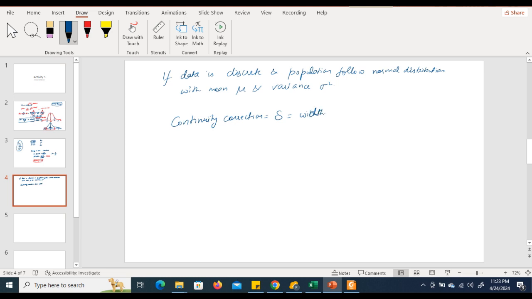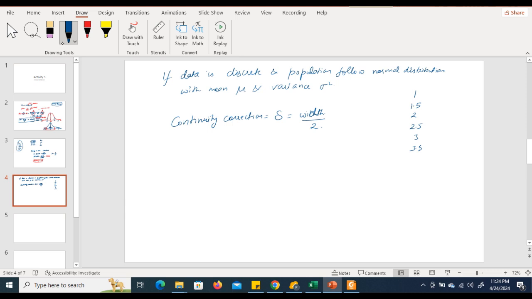For example, the data is calculated to the nearest 0.5 unit, so the data is like 1, then 1.5, then 2, then 2.5, then 3, then 3.5. In that case, this data is not in a continuous form. What is the width between two consecutive values? The width is 0.5. So what is the continuity correction? The continuity correction is width by 2.